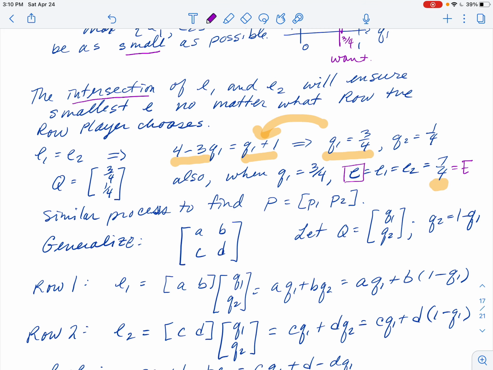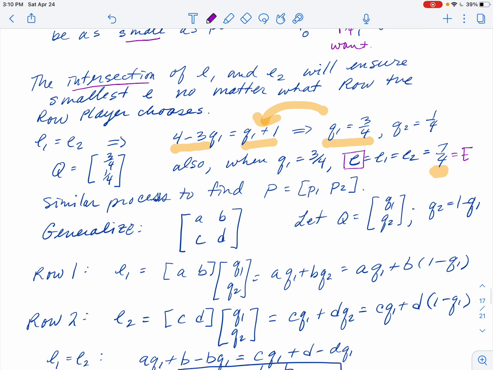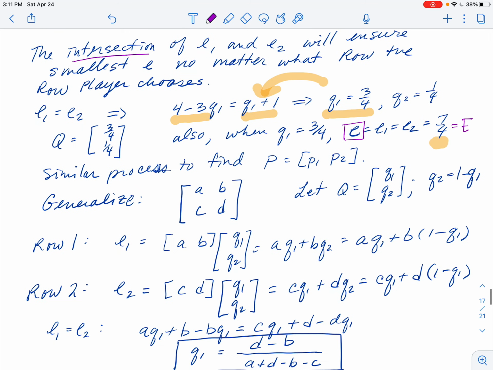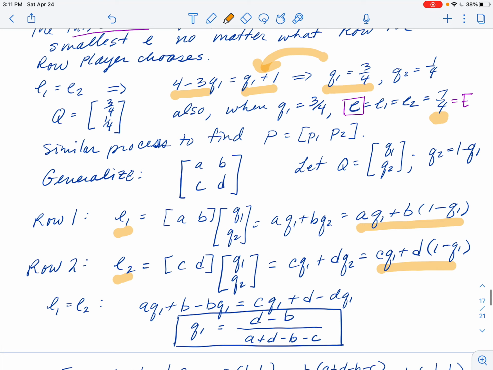All right, so now let's generalize for any matrix A, B, C, D. So we're going to repeat this process again. Q is Q1, Q2. It's a column matrix. Q2 is 1 minus Q1. So it's repeating the same thing we just did, only now we're using letters instead of the numbers that we had in our previous example. And we've got two equations for E1 and E2 when we multiply those together.